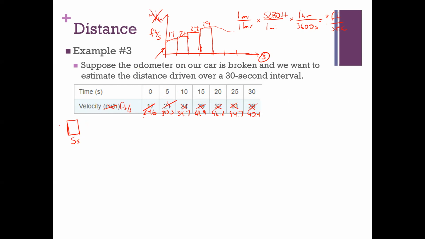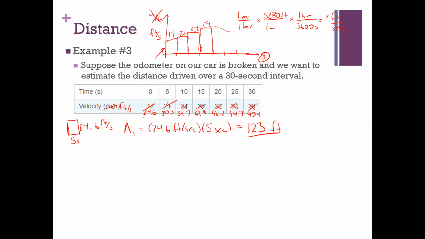What's the height of this rectangle? 24.6 feet per second. So the area, we'll call it A1, is 24.6 feet per second times 5 seconds. What does that come out to be, both number and units? 24.6 times 5 will be, is that 123? 123 what? Right, 123 feet.